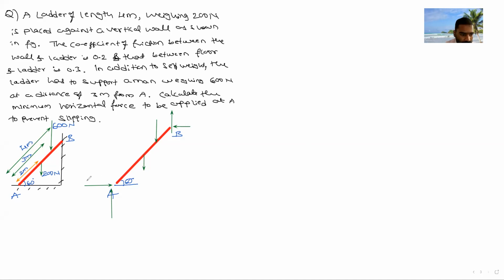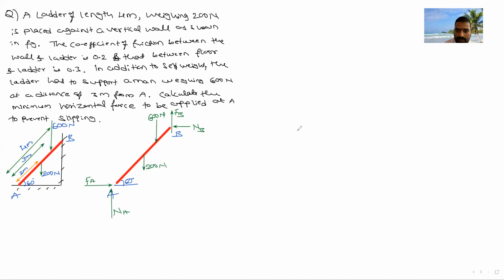I will take the frictional force at A as Fa, the normal reaction at A as Na, the frictional force at B as Fb, and the normal reaction at B as Nb. The weight of the man is 600 Newton, and the weight of the ladder is 200 Newton.